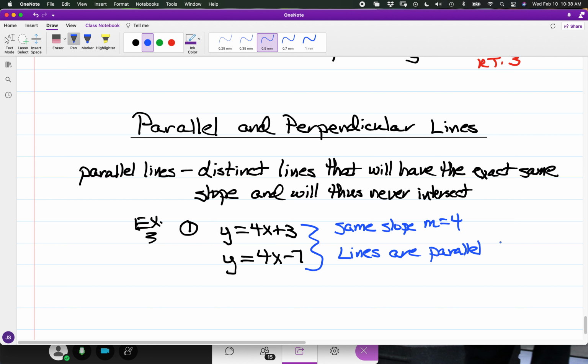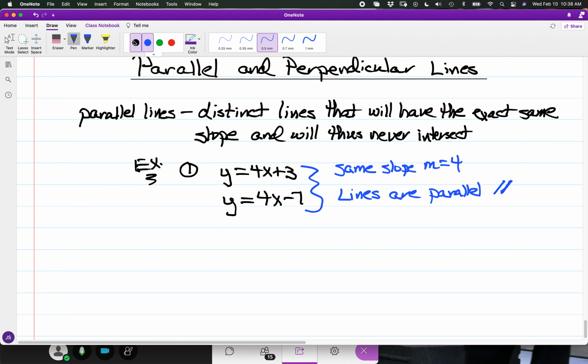And shorthand for this will look sort of like a sideways 11. So the lines here are parallel. Likewise, if we have, say, y is equal to negative 7/2 of x, and say we have y is equal to negative 7/2 of x plus 9.